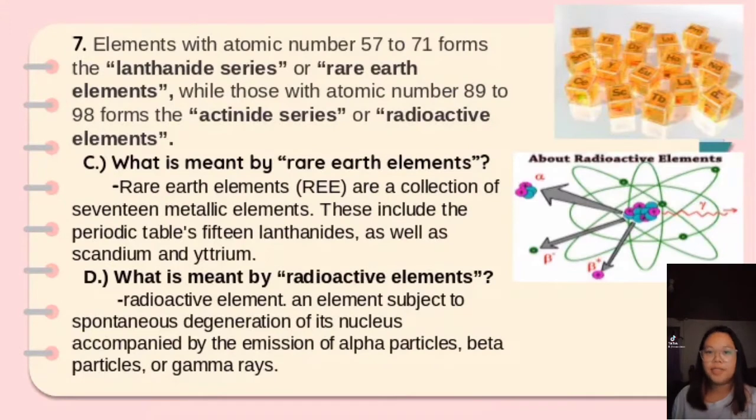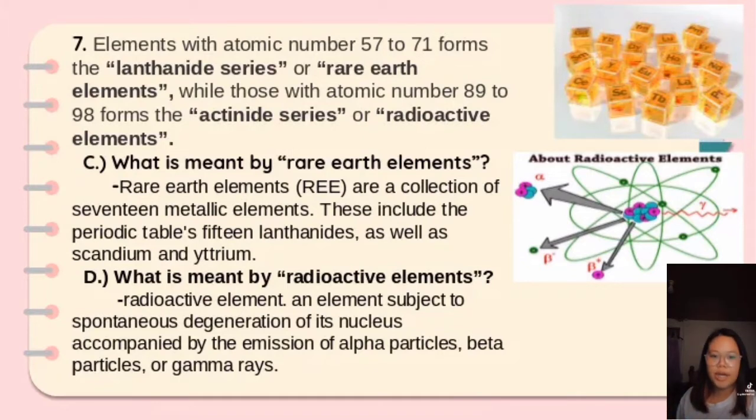Next, elements with atomic number 57 to 71 form the lanthanide series or rare earth elements, while those with atomic number 89 to 98 form the actinide series or radioactive elements. Question: what is meant by rare earth elements? Rare earth elements or REE are a collection of 17 metallic elements.